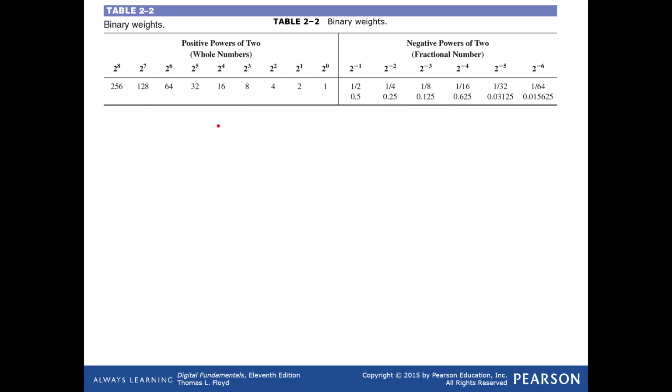Let's start by describing what we mean by base. A base is simply an indication of the number of digits in a system. Let's consider first the decimal system.